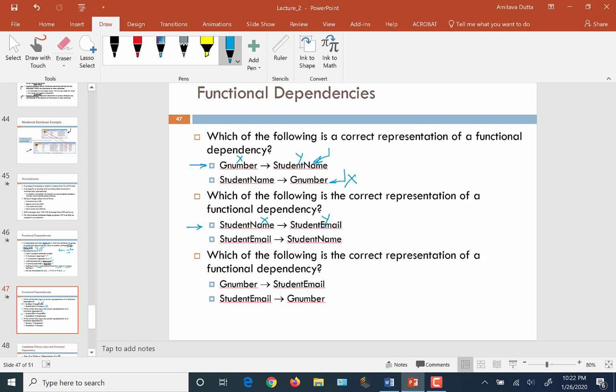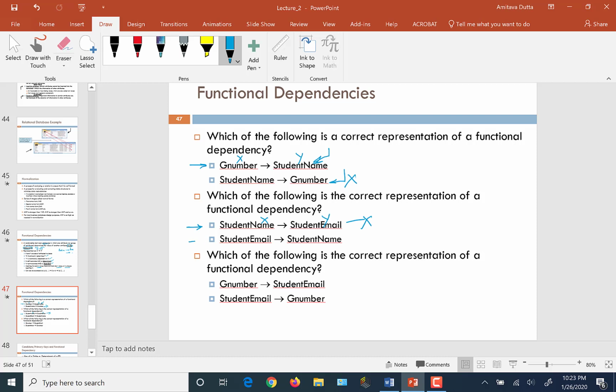Furthermore, you could have multiple students with the same name, and they would all have different email addresses. So clearly this is not a correct functional dependency.